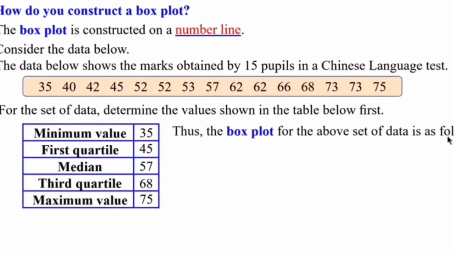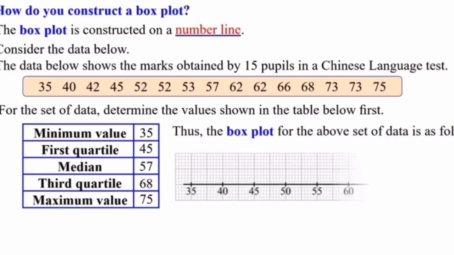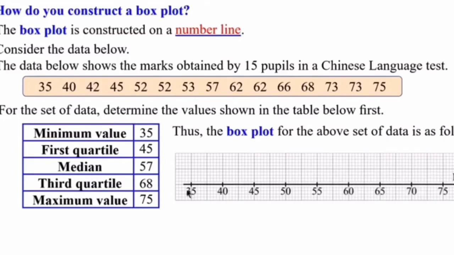Thus, the box plot for the above data is as follows. Now we use graph paper and label the scale, making sure the scale is uniform, from minimum to maximum, from 35 to 75. Now we plot the minimum value using a dot, then first quartile, median, third quartile, and the maximum value.